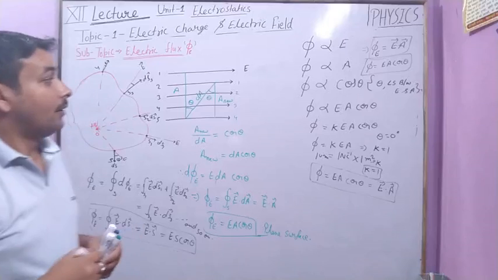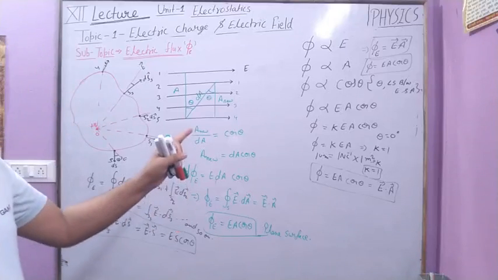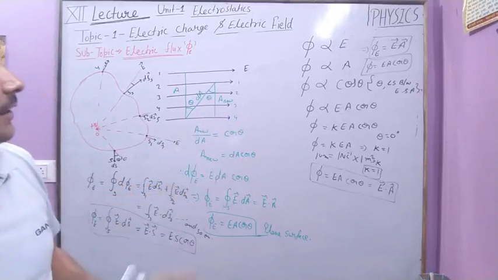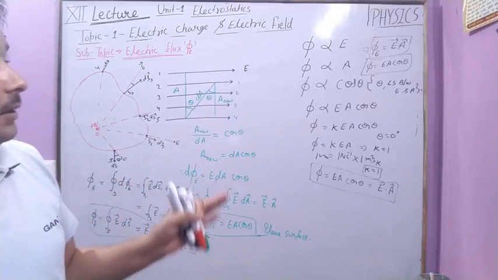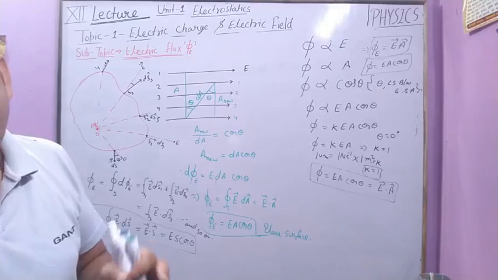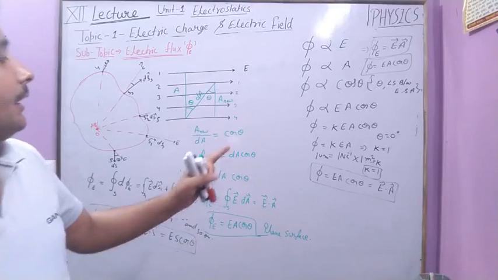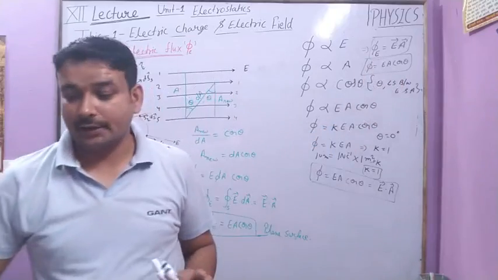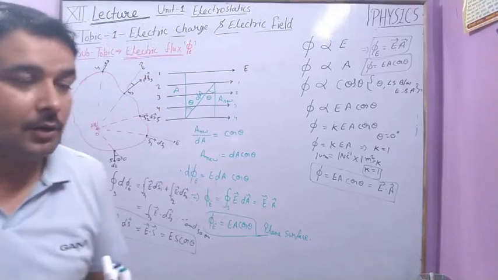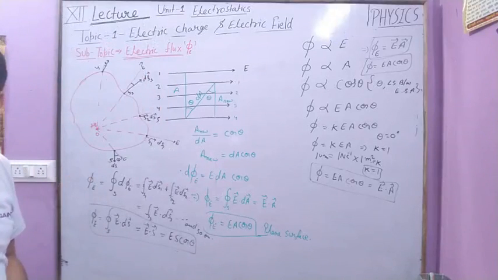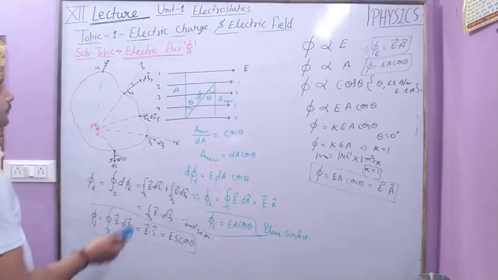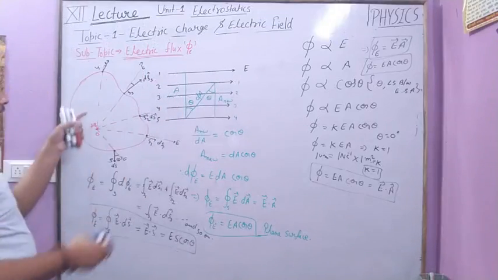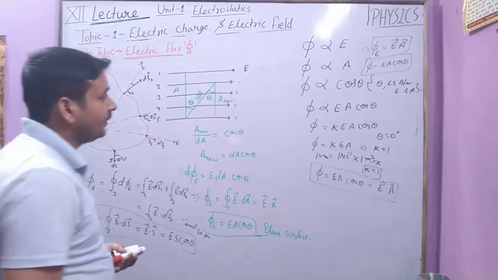Okay, from here you can very easily see that the electric flux is a scalar quantity, but it is a property of a vector quantity. Clear? Now write the definition from these two figures.